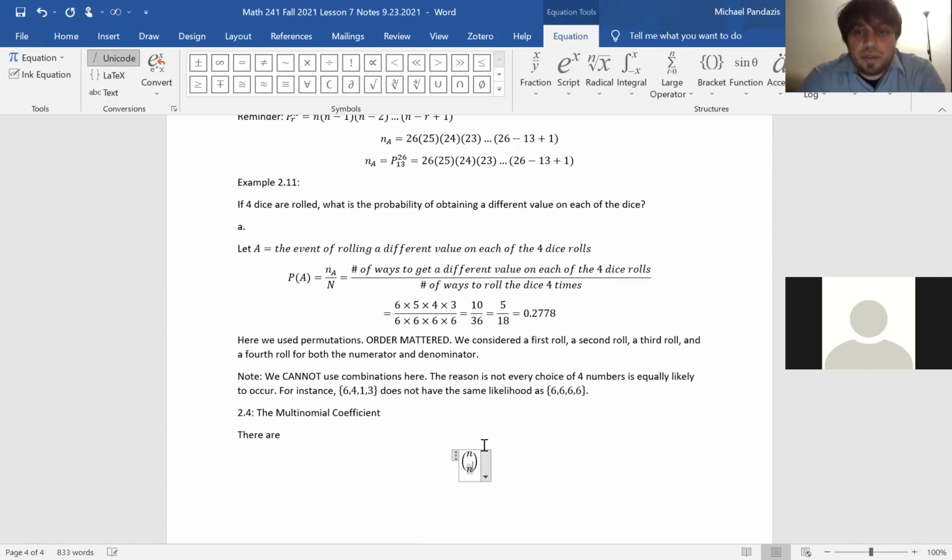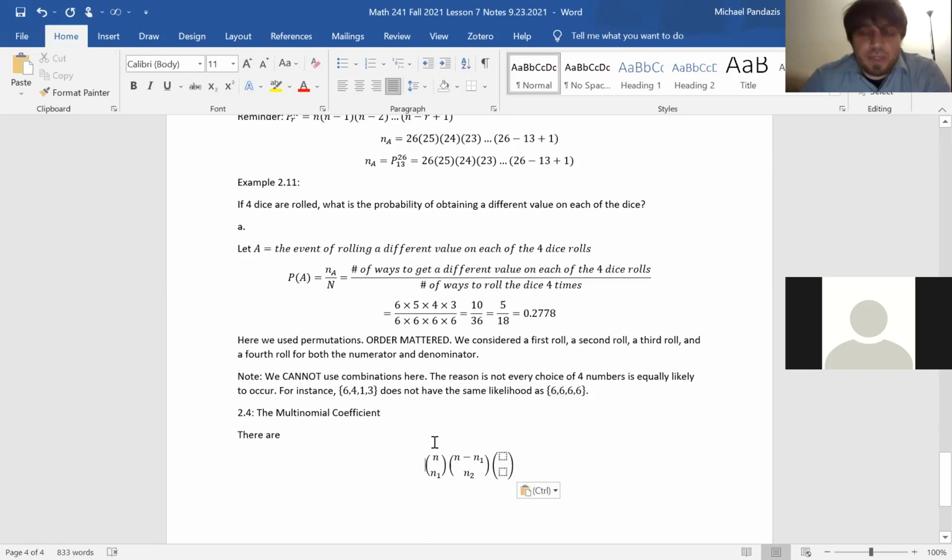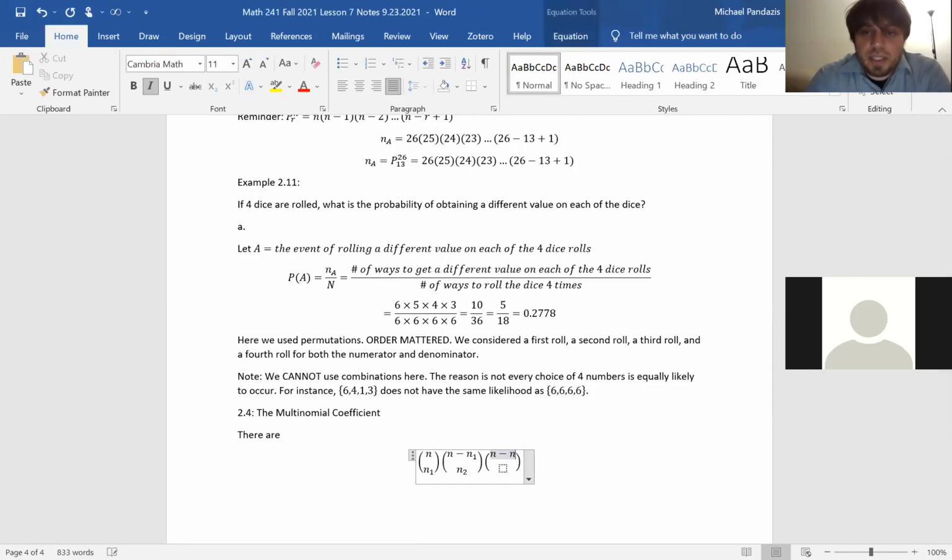n choose n1 times n minus n1 choose n2 times n minus n1 minus n2 choose n3 times ... times n minus n1 minus n2 minus n3 minus ... minus n sub k minus 1 choose n sub k.